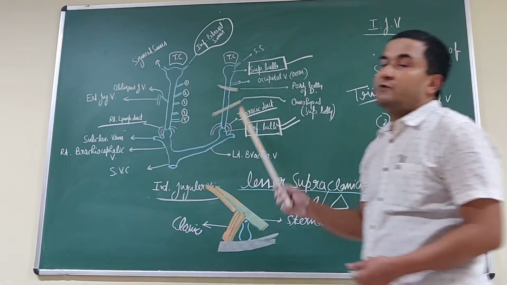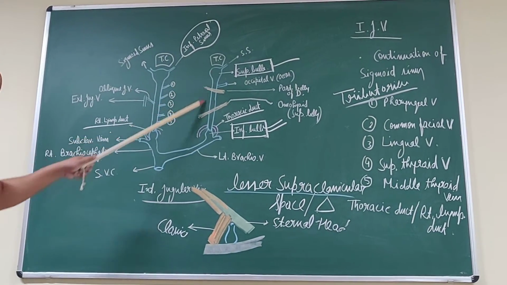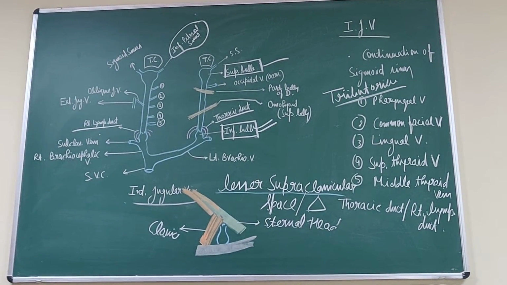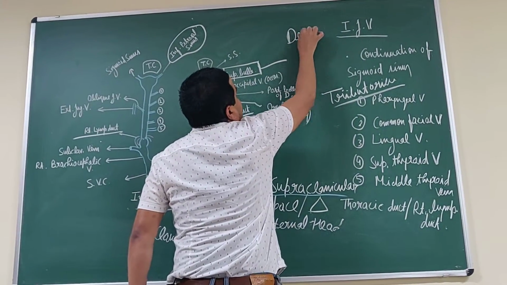Why is this internal jugular vein important? It is present inside the carotid sheath. Now, the deep cervical lymph nodes.